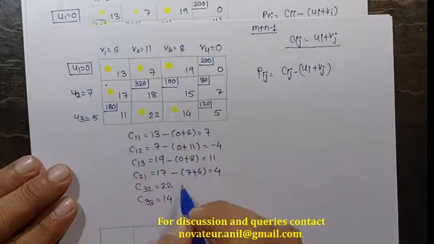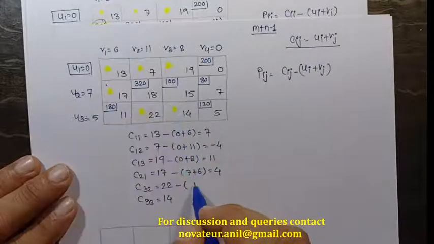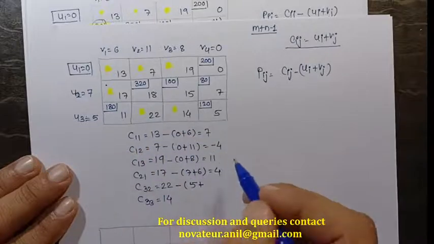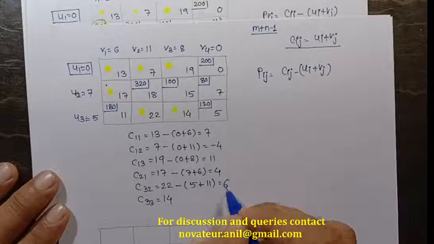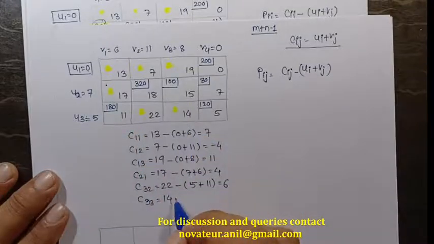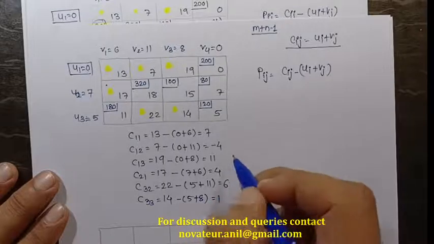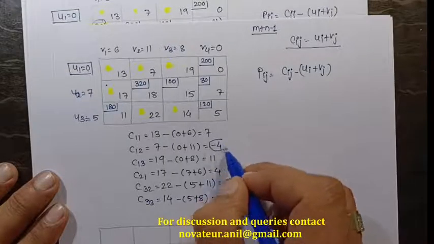For 22 we got 5 plus 11, so it is nothing but 6, and for 14 we got 5 plus 8, so that is nothing but 1. So we got this as a negative value.